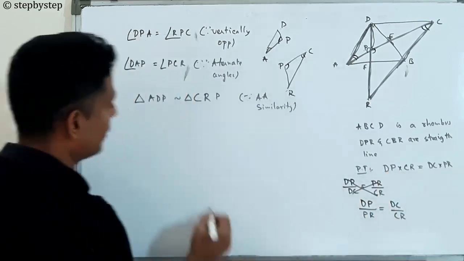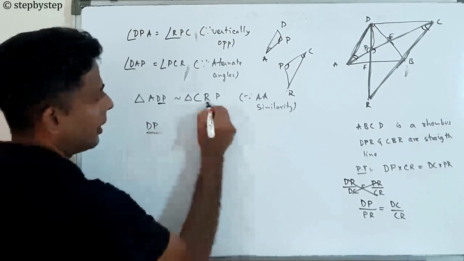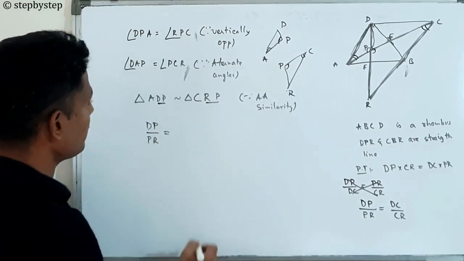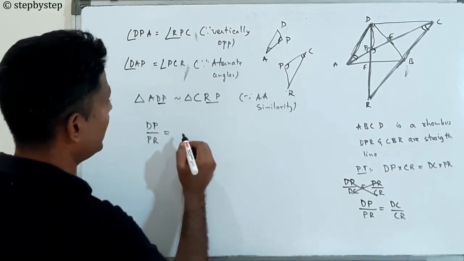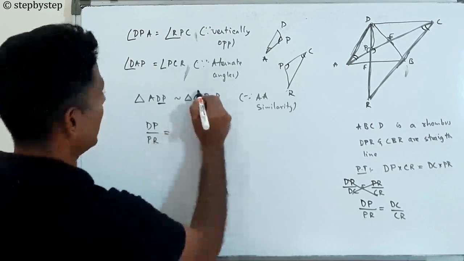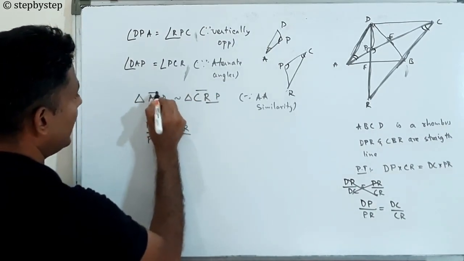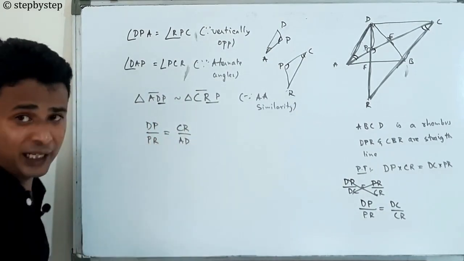Now we'll use DP. What do we get? DP by RP or PR equal to, do we get DC anywhere? No. Do we get CR anywhere? Yeah, we get CR here. So CR by AD. So we get DP by PR equal to CR by AD, right?